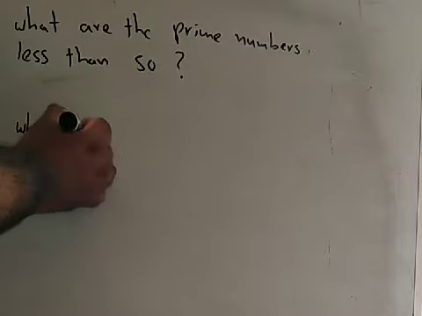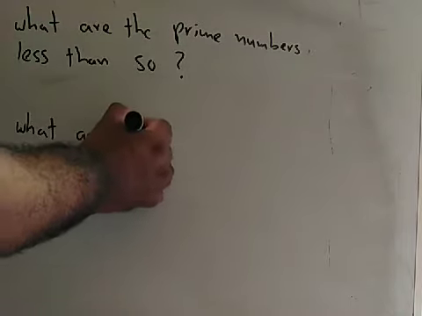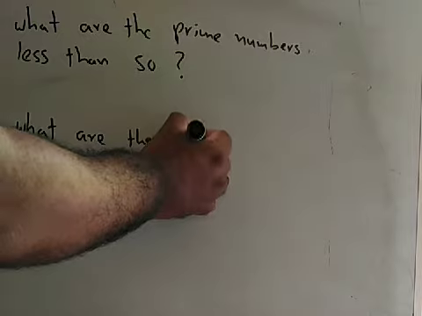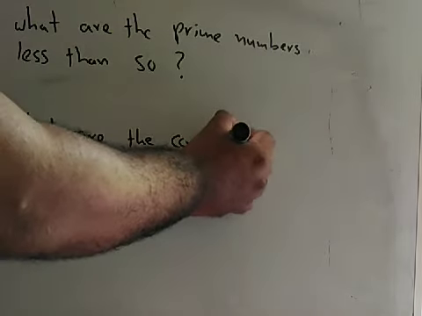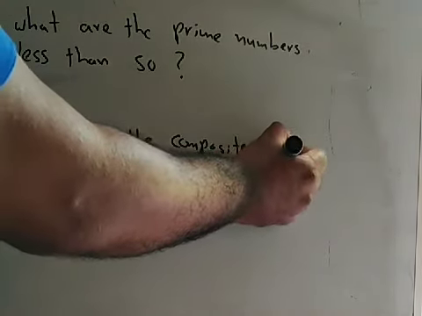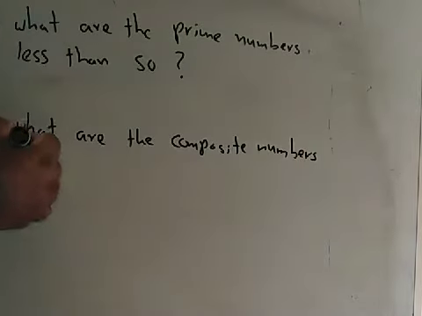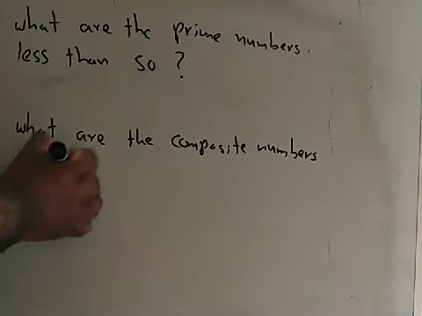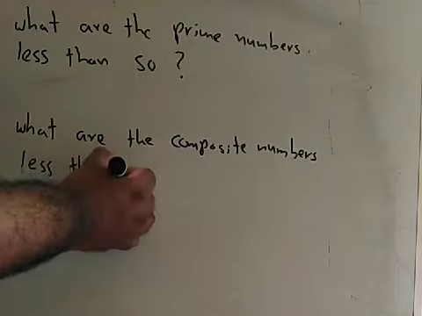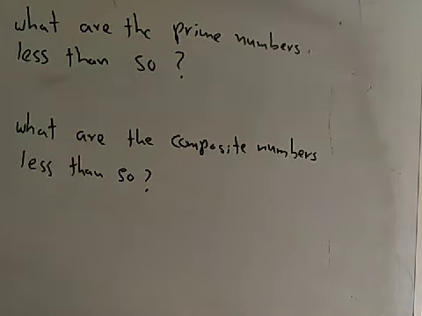What are the composite numbers less than 50? Right. What are the prime numbers less than 50?